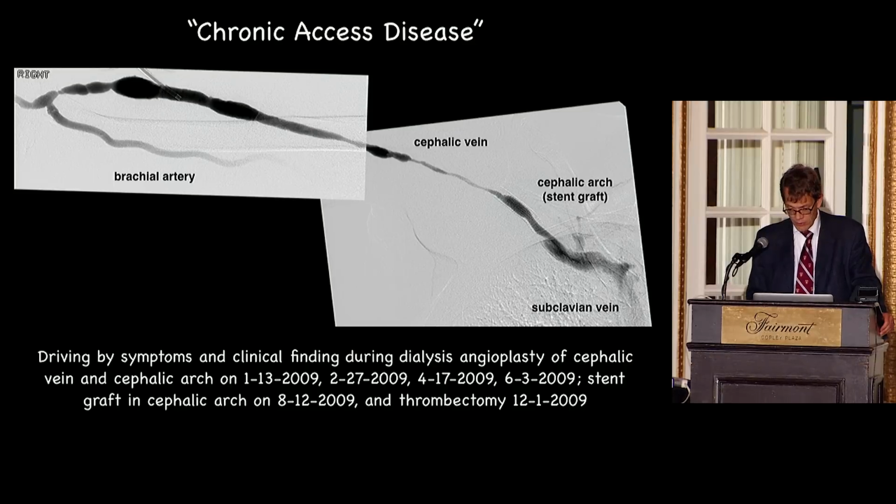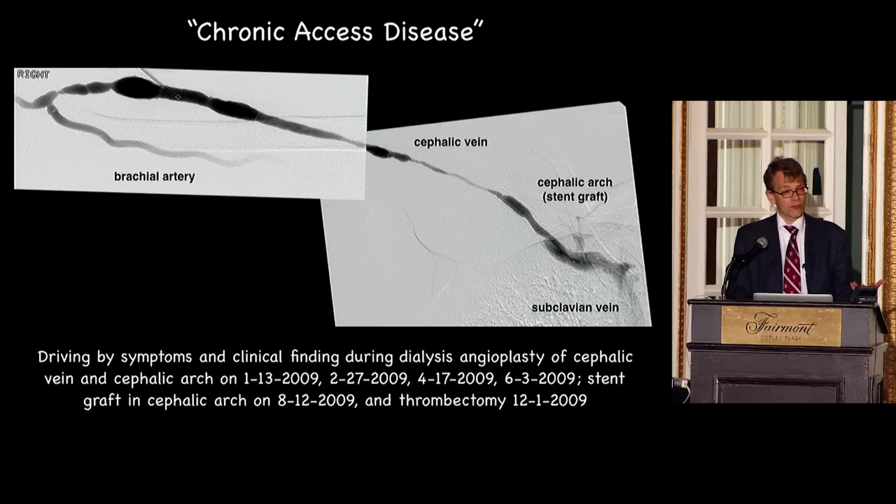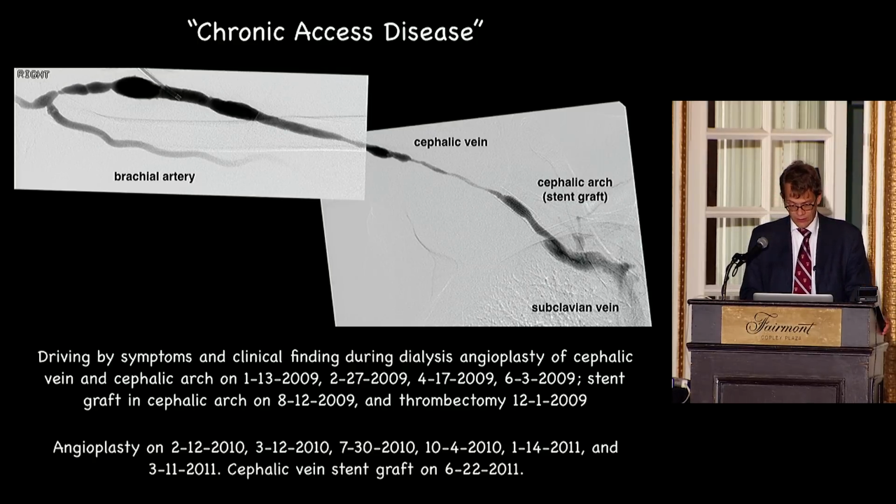Eventually a stent graft was placed, but the vein at that point is so diseased, has been exposed to thrombus, and then has a recurrent inward remodeling and stenosis. And this access basically has chronic access disease, and it's a different chronic disease for each type of access depending on its anatomic location.